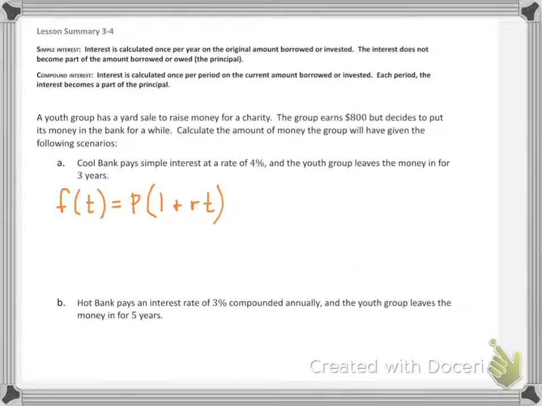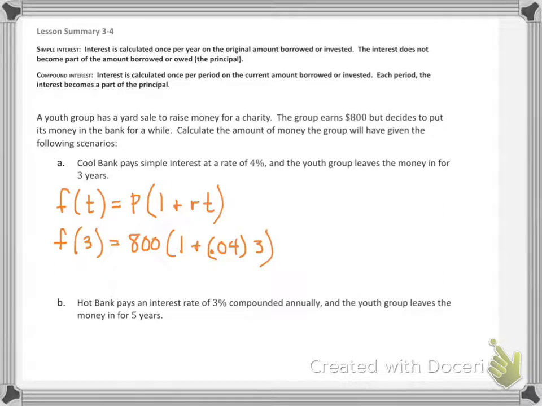So to do that, I would say f of 3 is equal to our principal, which was $800, times 1 plus the rate. Well, the rate was 4%, so that as a decimal is 0.04. And we're going to multiply that by the time, which was 3 years.